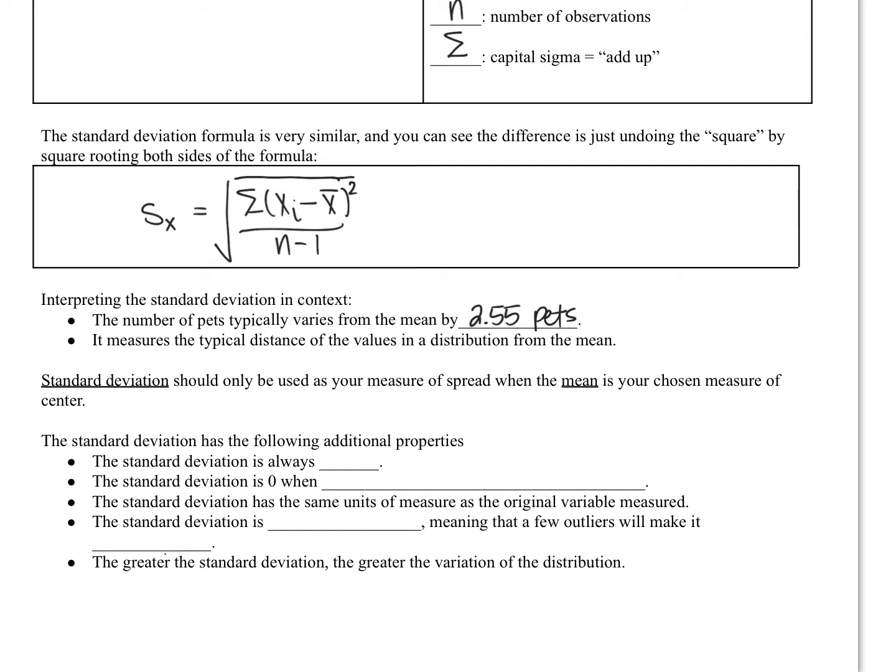When we're using standard deviation as the descriptor for the spread, because standard deviation is calculated using the mean of a data set, you should only use it when mean is your chosen measure of center. If you're using median, you're going to want to use range. So range and median go together, standard deviation and mean go together.